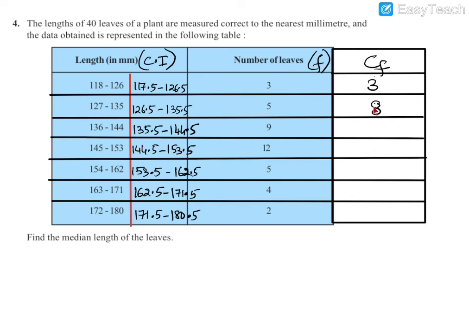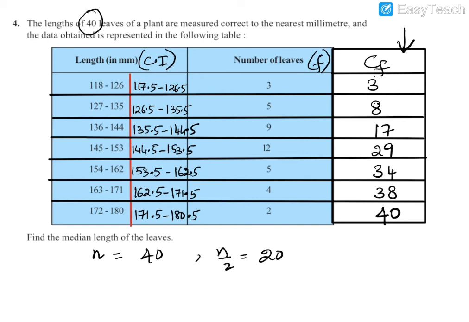The next number is obtained by adding 8 to 9, so we get 17. Then 29, 34, 38 and 40. The last number should be same as the total number of leaves that are given in the question. So n is equal to 40, therefore n upon 2 is equal to 20.